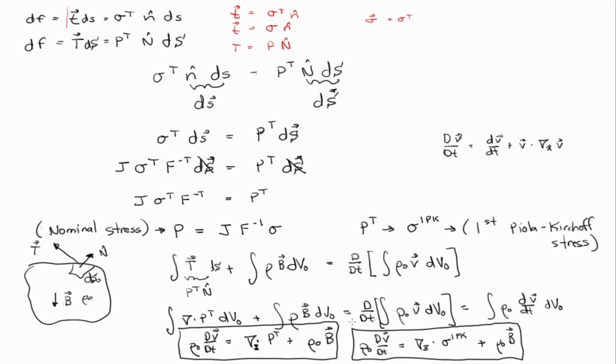If I know F, I can solve the equations however I want. It really comes down to energy conjugacy, which we'll talk about later: these stress terms are conjugate to different strain terms. If I have a Cauchy stress, which is energy conjugate to the rate of deformation tensor, I can formulate my constitutive model that way.